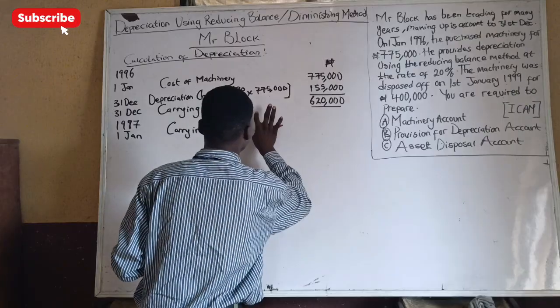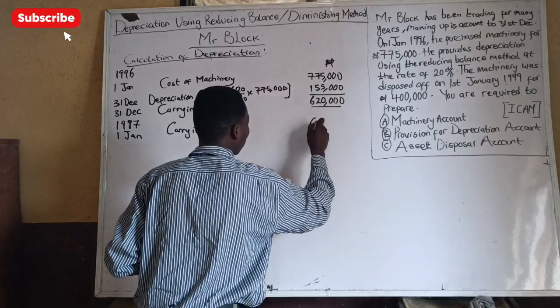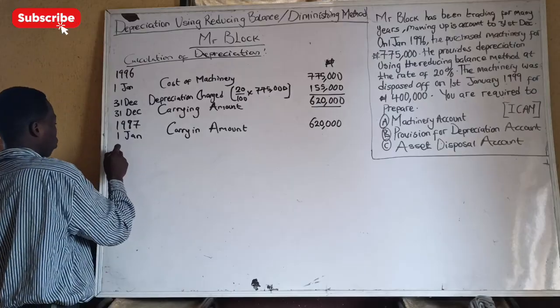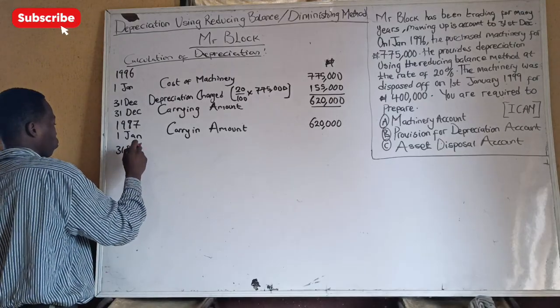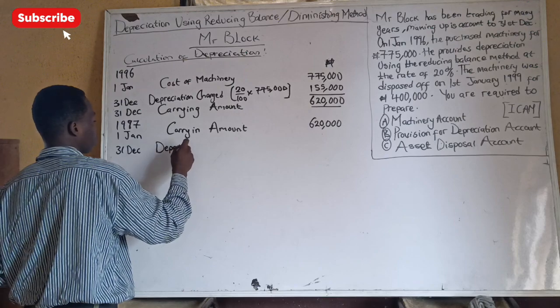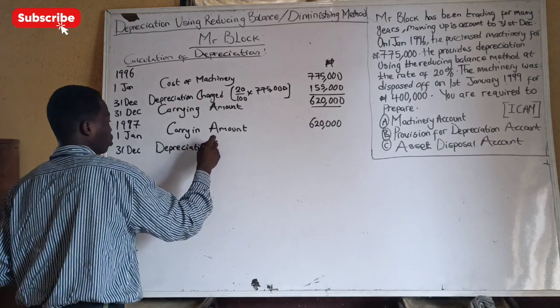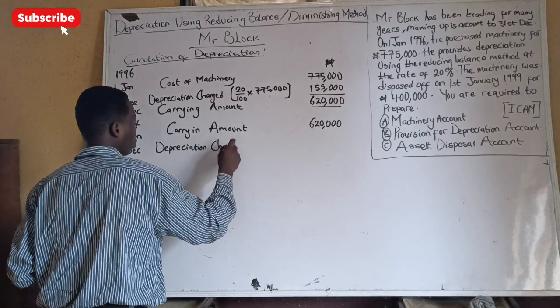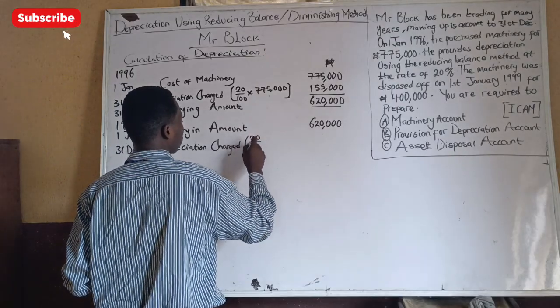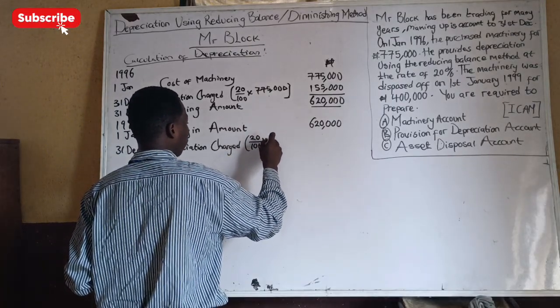So the carrying amount is going to be this, which is 620,000 naira. Then we are going to charge depreciation at the end. So the depreciation charge will be 20% of the carrying amount.